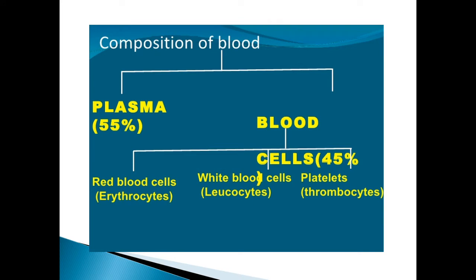Now, composition of blood. The blood consists of plasma and blood cells, that is 55% plasma and 45% blood cells. The blood cells are red blood cells, white blood cells and platelets.